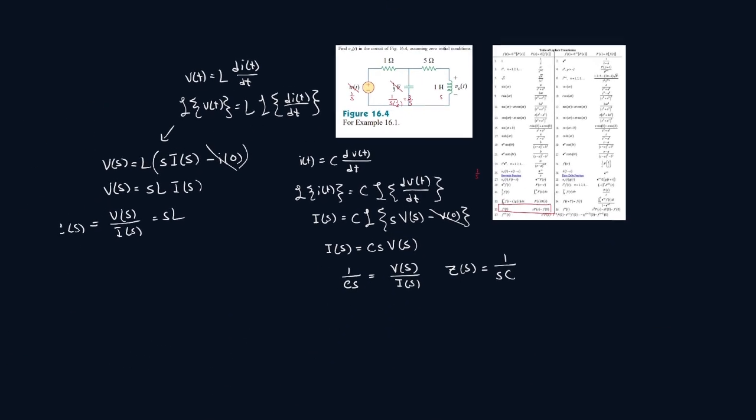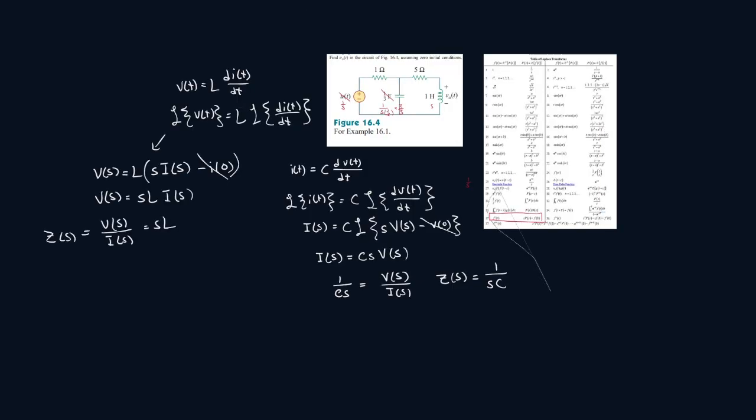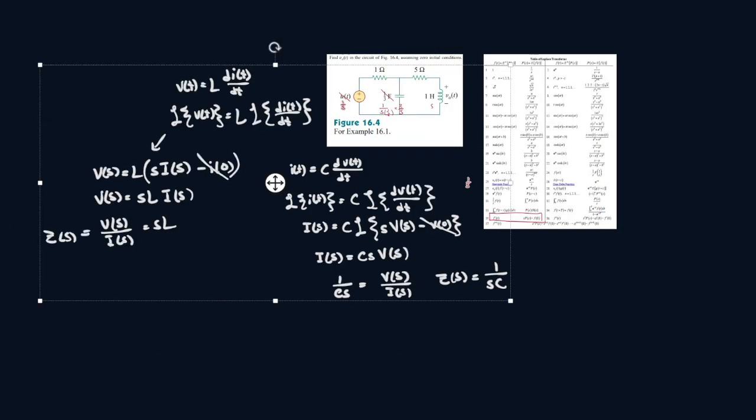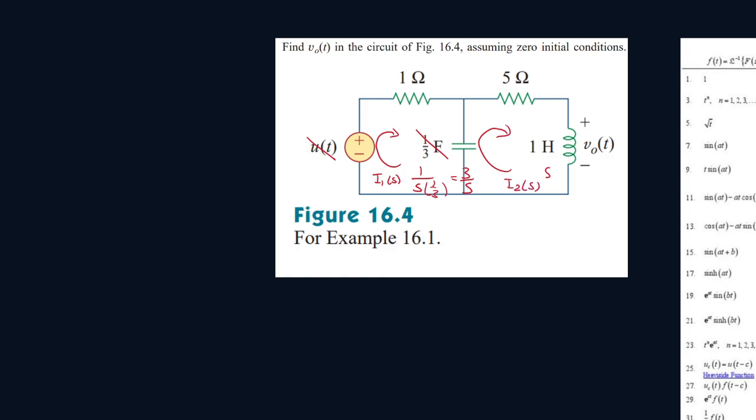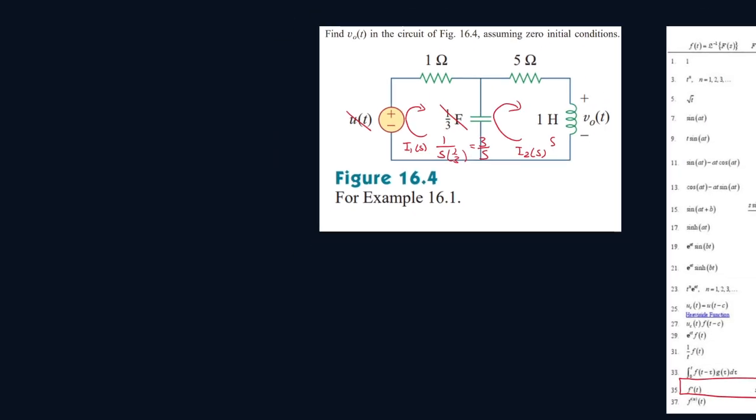All right, so now that we have all this down, we can solve for v of t. What we're going to do is a mesh analysis. We're going to call this I1 of s, and we're going to call this I2 of s.